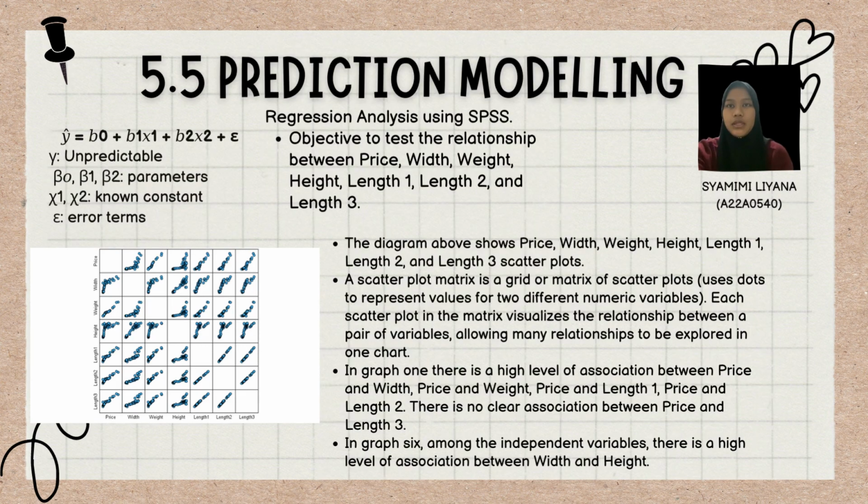For the prediction modeling, we use simple linear regression, which is y equals B0 plus B1 x1 plus B2 x2 plus error terms. Regression analysis using SPSS has the objective to test the relationship between price, width, weight, height, length 1, length 2, and length 3. The diagram above shows scatter plots of these variables.